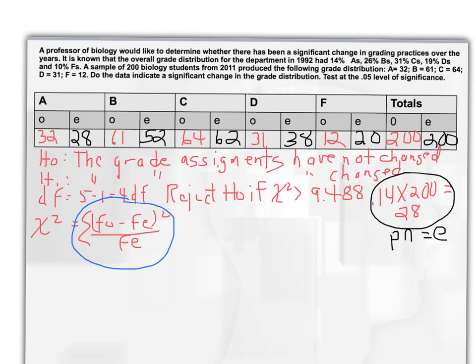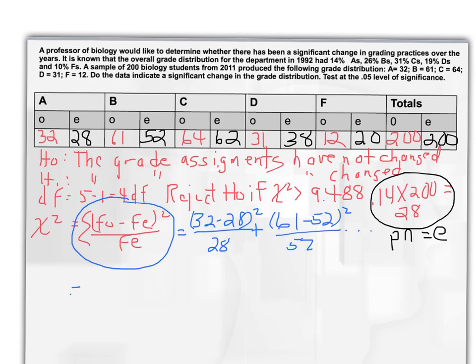For cell 1, we would have 32 minus 28 squared divided by 28. For cell 2, we would have 61 minus 52 squared divided by 52, and we would do that for C's, D's, and F's.